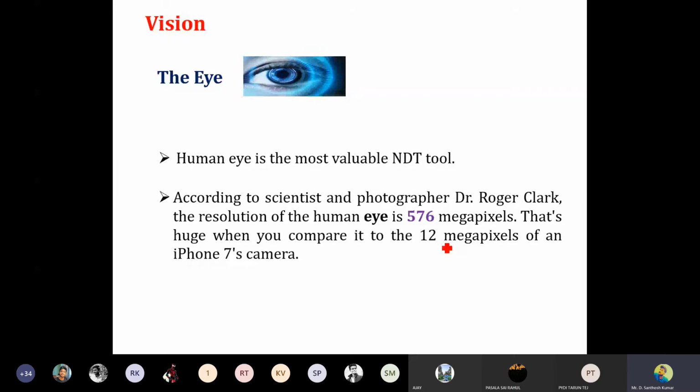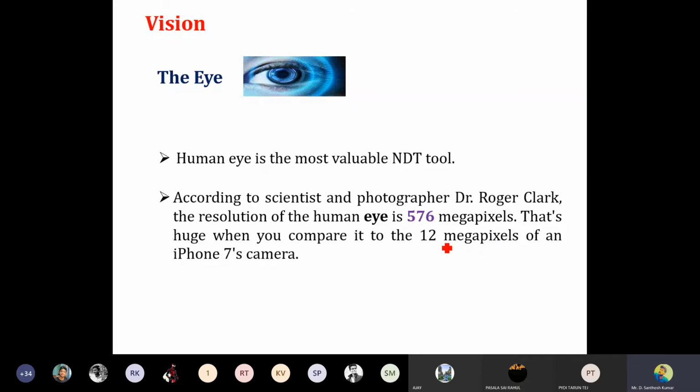You know, the iPhone 7 is around 12 megapixel, and coming soon there is a Realme 7, I think it will release with 64 megapixel. So compared to those cameras, the resolution of our eye is around 576 megapixel.